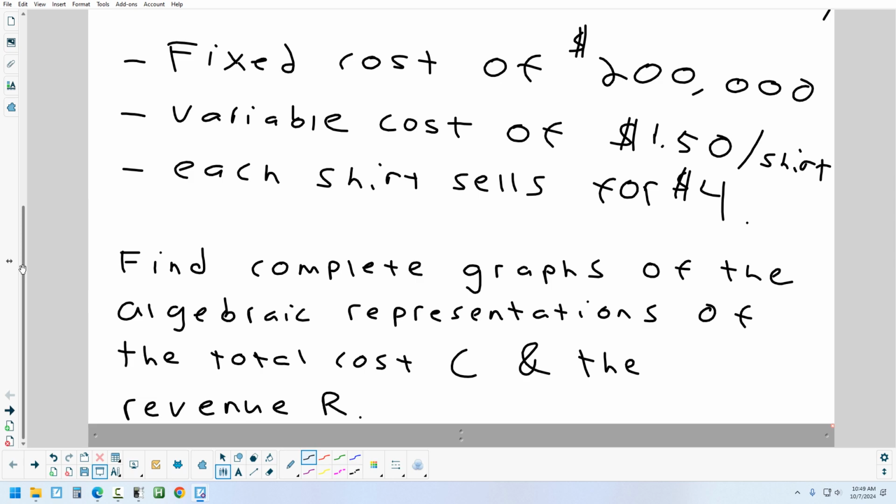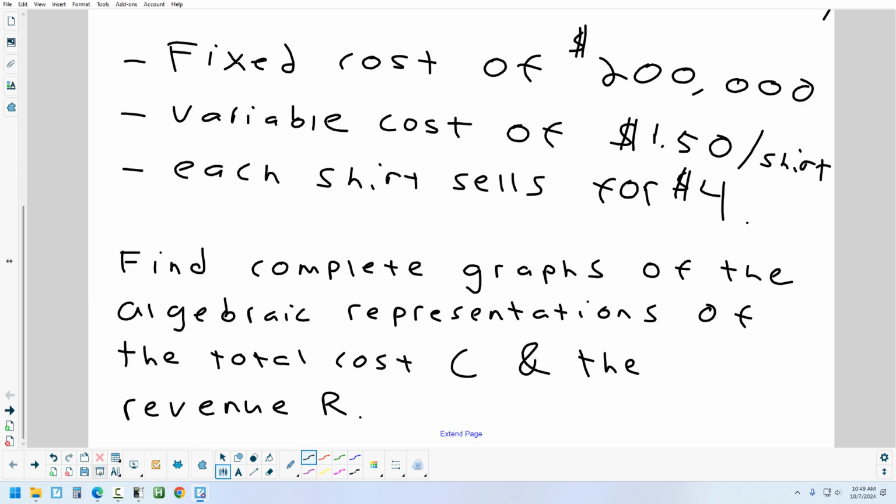Now, revenue isn't necessarily profit. You have to make a certain amount of money for your revenue to start being profit. Revenue is just money you take in. But if your revenue isn't as high as your cost, then you're going to lose money. Okay, so let's start with the costs.